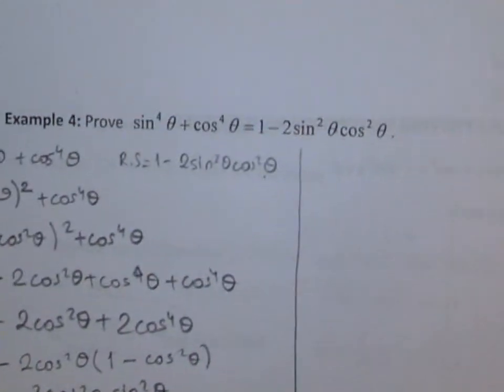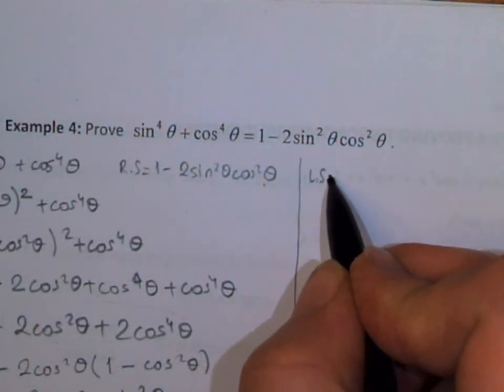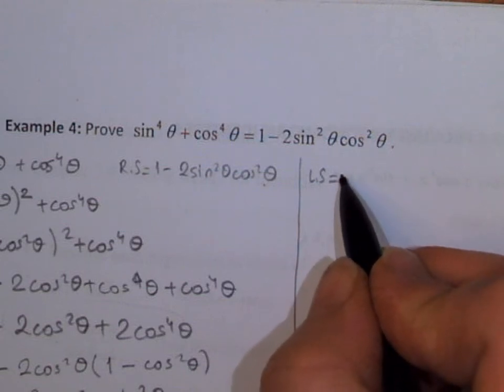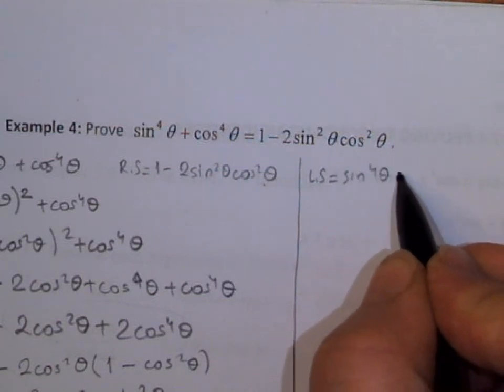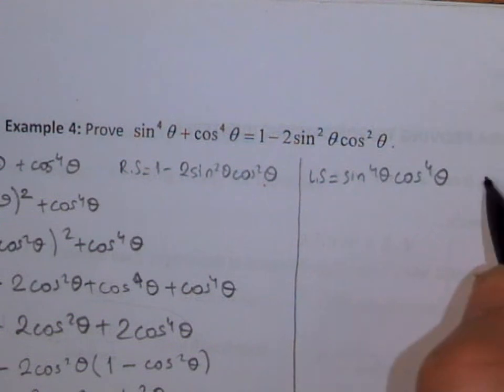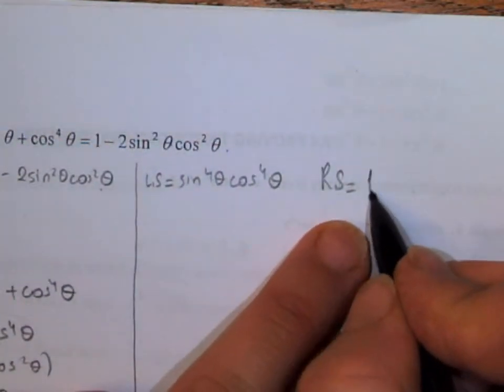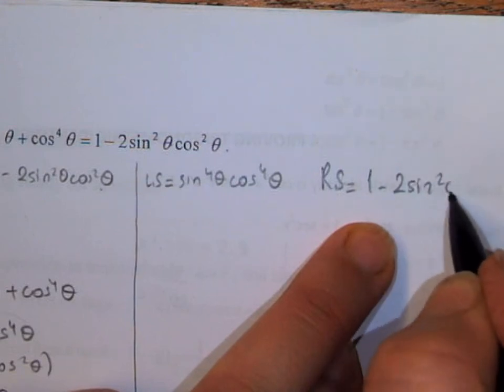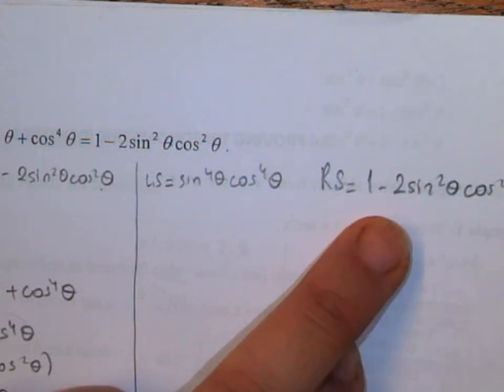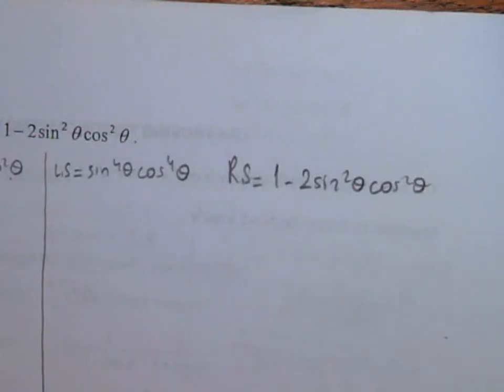Okay, with method 2, how about this time? So of course we are gonna separate left side and right side. So right side, 1 minus 2 sine square theta cos square theta. So this time, instead of from left side, I will start from right side.